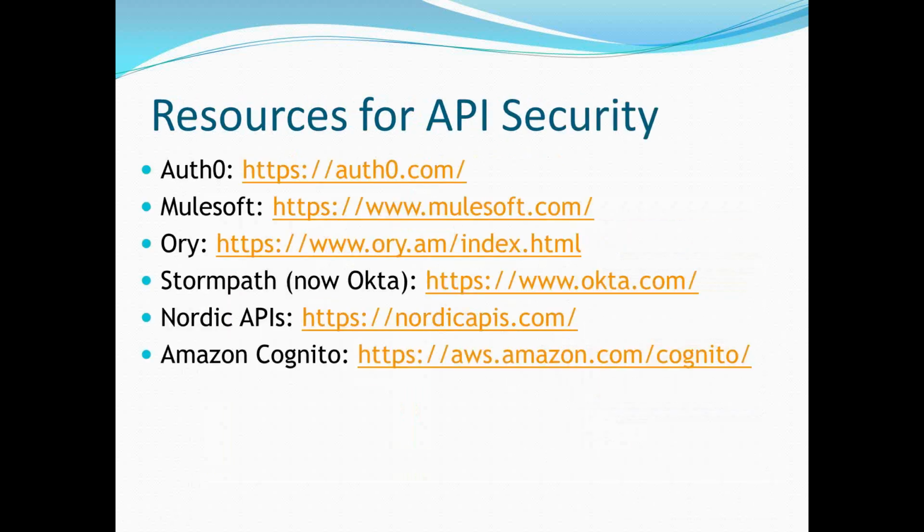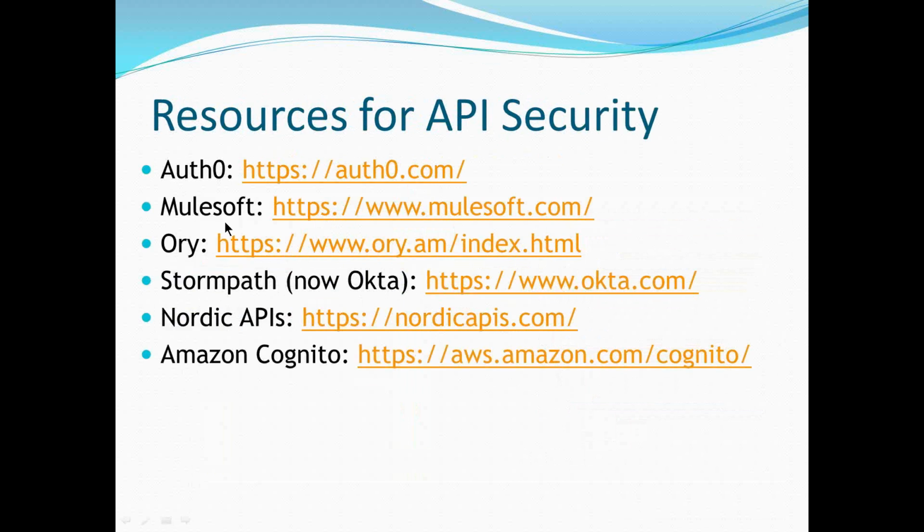And here are some of the resources that I found useful. Of course, the server demo that I had before is for this location. Stormpath used to do it, but it was merged. I'm not sure if the right word is bought or merged with this company. So this is the current company name.